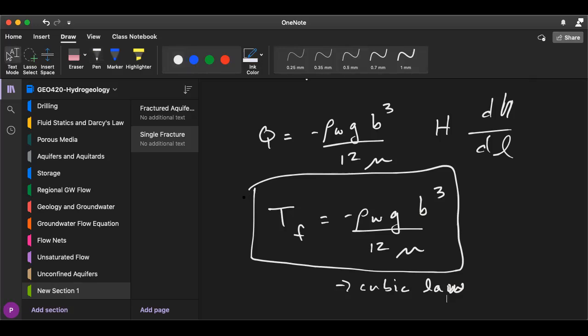What this is basically saying is, as I increase my aperture, I not only increase the hydraulic conductivity, but I also increase the area across which flow is occurring. So what it means in practice is that small increases in aperture mean really big increases in discharge.